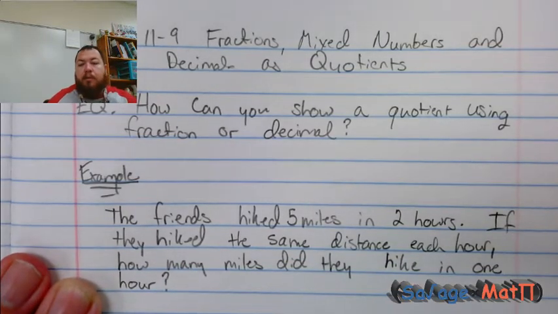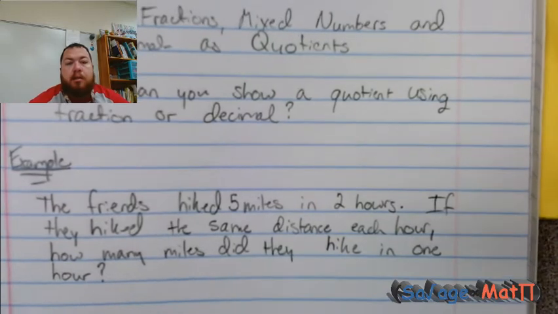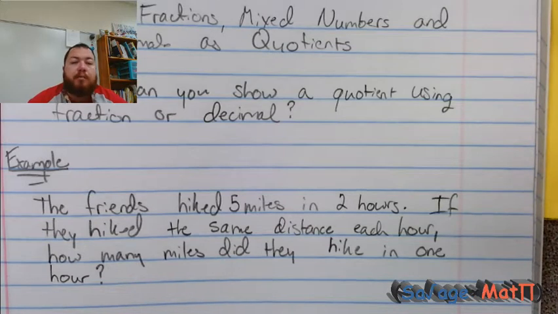So if you need to go ahead and pause right now to copy this down, that's understandable. And then just go ahead and resume the video. Our overall question: the friends hiked 5 miles in 2 hours. If they hiked the same distance each hour, how many miles did they hike in 1 hour?